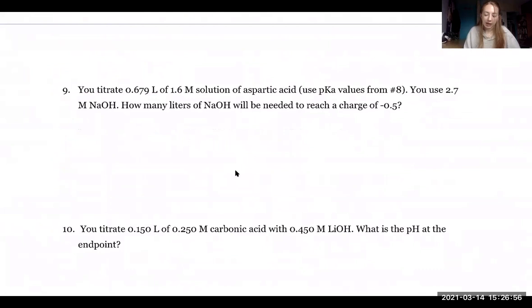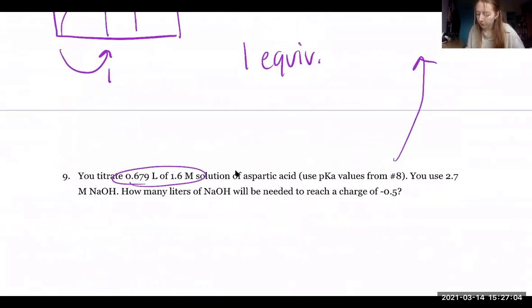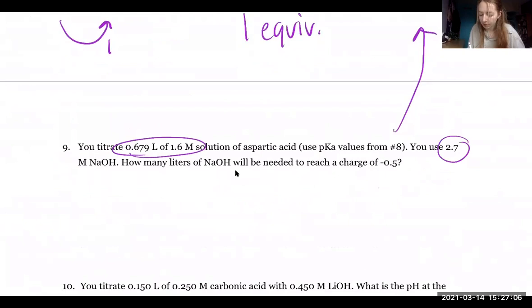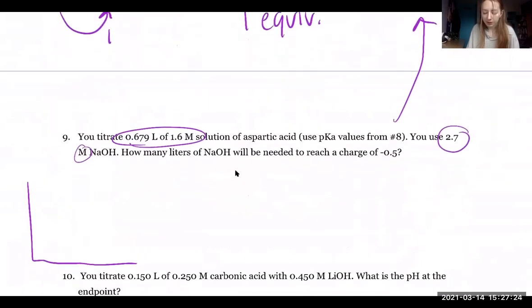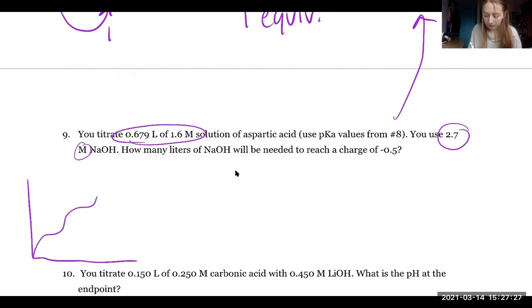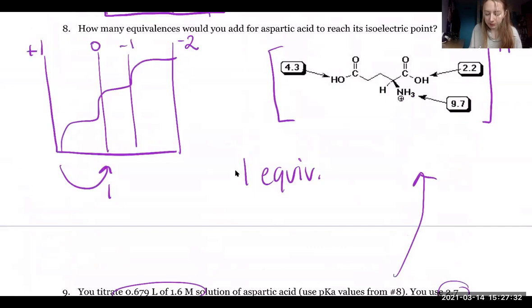For number 9, you titrate this amount of aspartic acid using pKa's from the previous question, and then you use 2.7 molar NaOH. Okay. How many liters of NaOH will be needed to reach a charge of negative 0.5? Okay. So if we kind of draw out what the titration will look like, aspartic acid has 3 pKa's, which means 3 places to deprotonate from. And it starts out with a +1 charge, like we just determined over here.